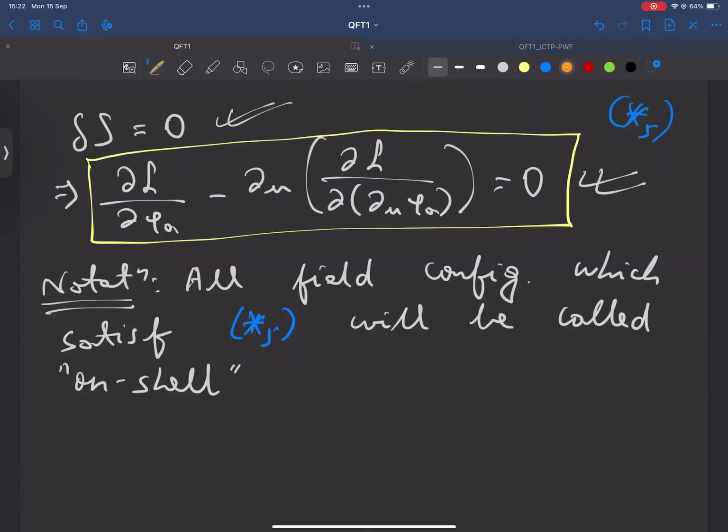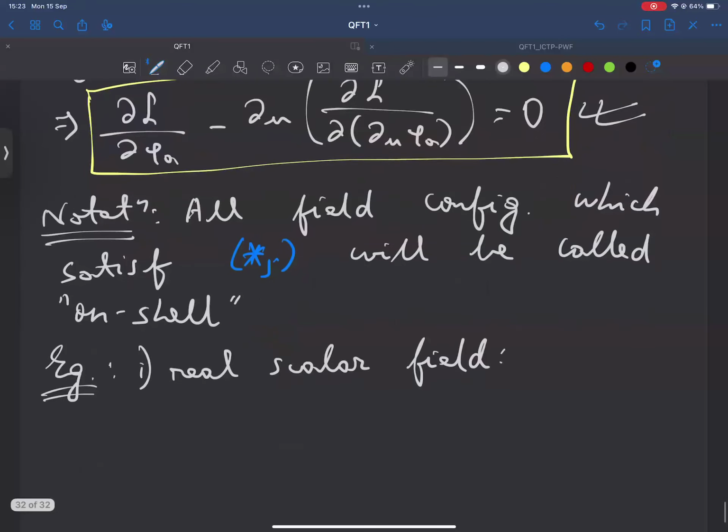Now let's look at some examples of some Lagrangians. So one example would be the Lagrangian of a real scalar field. Okay, so that is given by this quantity.